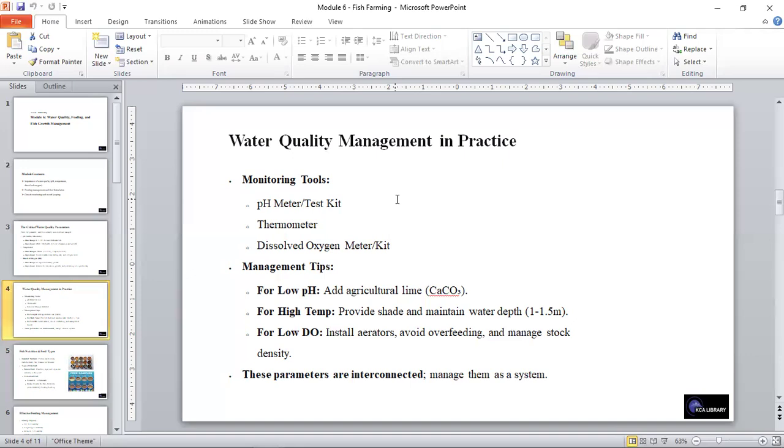You need to avoid overfeeding and manage the stock density, that is the number of fish per unit area. These parameters are interconnected, and you need to manage them as a system all together at the same time.